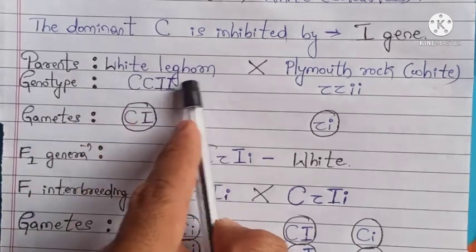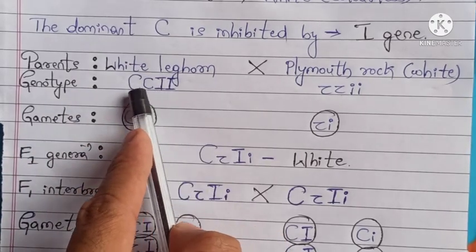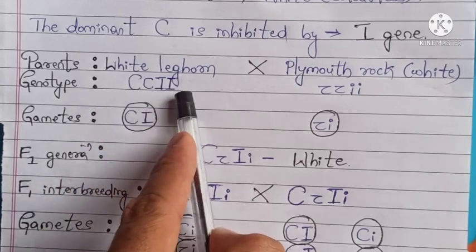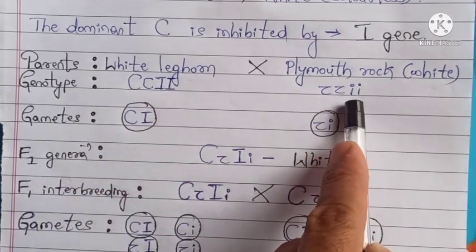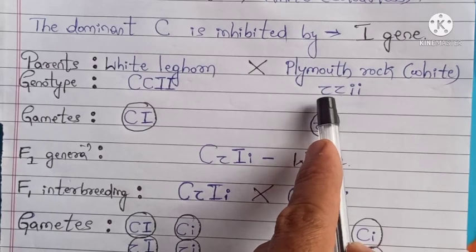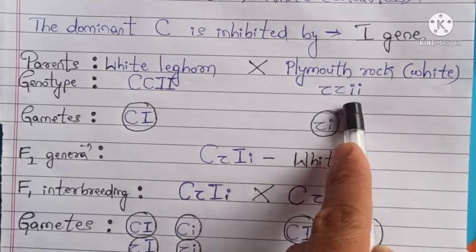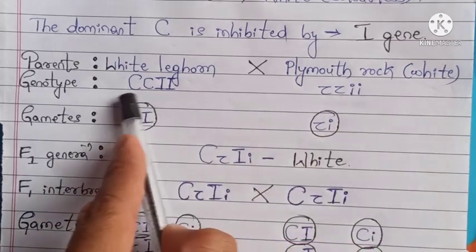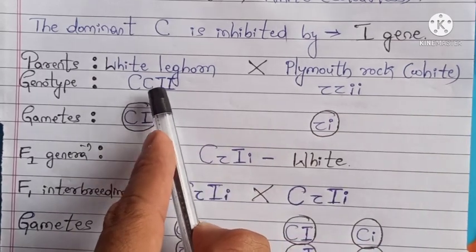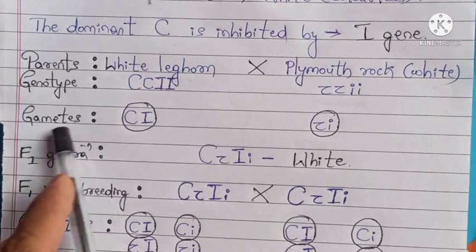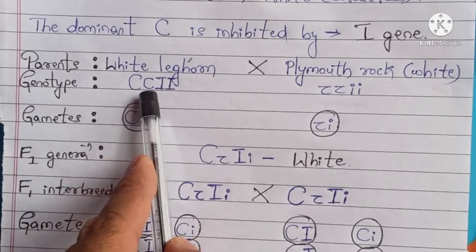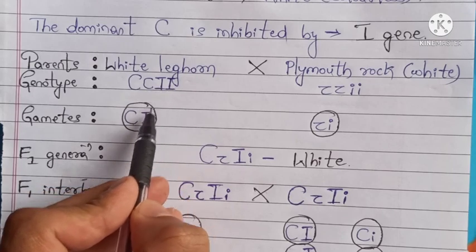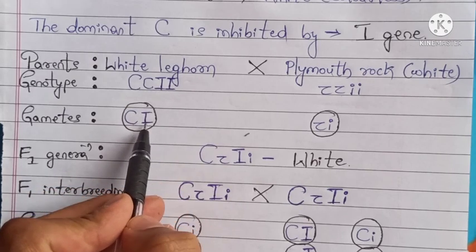The genotype of this white Leghorn is capital C, capital C, capital I, capital I, nothing but homozygous condition. Here also I have taken homozygous condition, but all the alleles are recessive, small c, small c, small i, small i. Here all the alleles are dominant. You can see easily. Now what are the gametes? We know that in the homozygous condition capital C will come here, and here also in homozygous condition capital I will come.